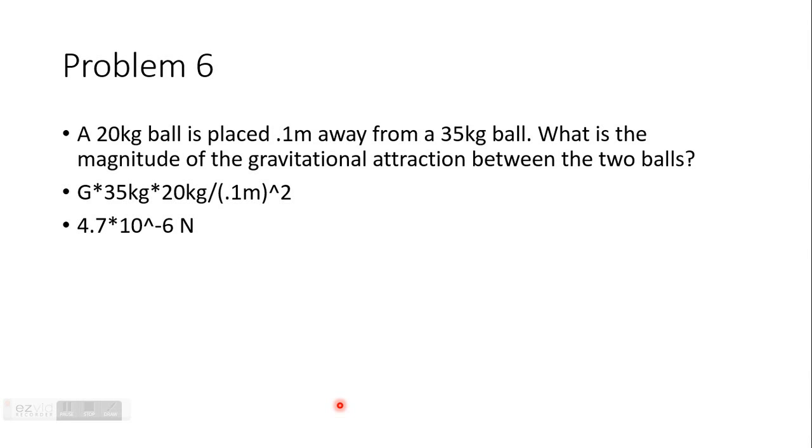You get that the force due to gravity is 4.7 times 10 to the negative 6 newtons, which is very small, and that actually makes sense because, as we said earlier, you need really, really big masses, like 10 to the 30th kilograms, to get a sizable gravitational attraction, because that G constant has a 10 to the negative 11th in it. So it's very, very small. So 35 and 20 divided by 0.1, it's not going to pull you out of that big hole that G, the gravitational constant, is getting you.